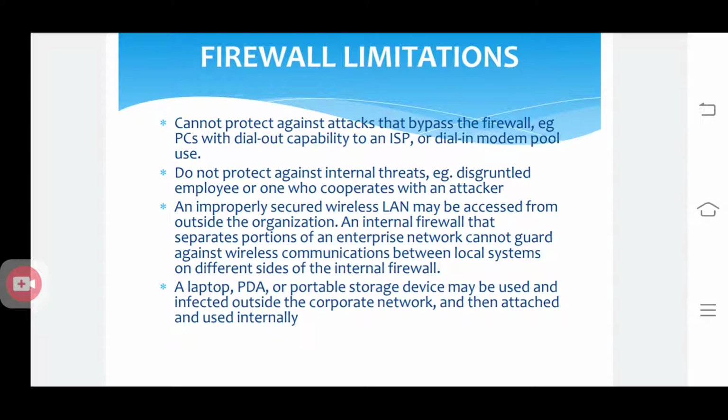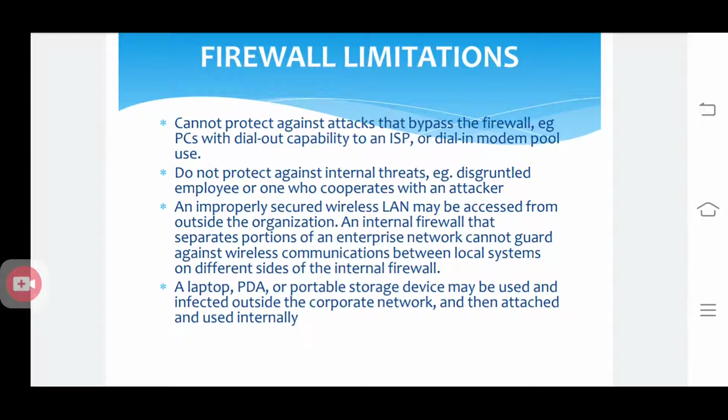The third one: an improperly secured wireless LAN may be accessed from outside the organization. An internal firewall that separates a portion of an enterprise network cannot guard against wireless communication between local systems on different sides of the internal firewall. Also, the fourth: portable storage devices like laptops or PDAs may be used and infected outside the corporate network.